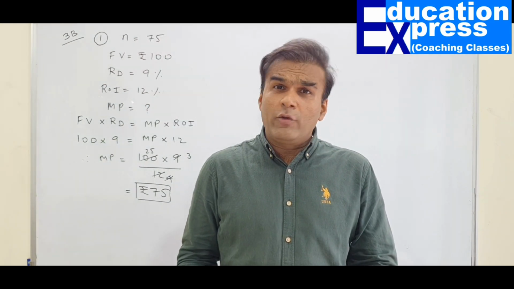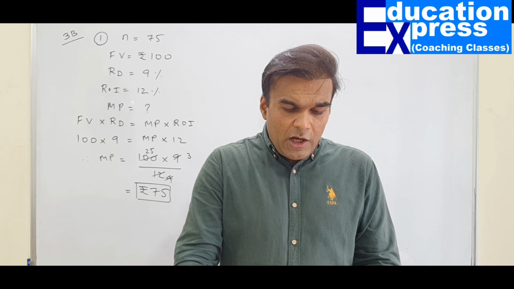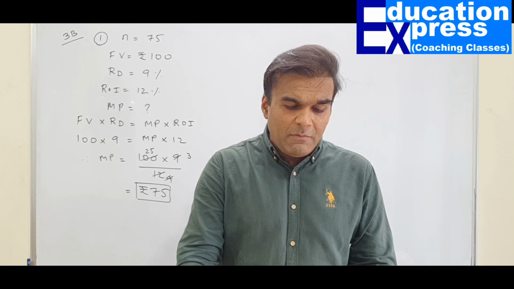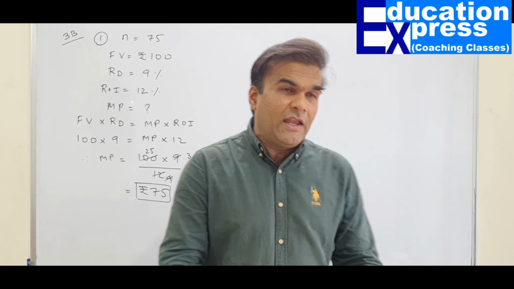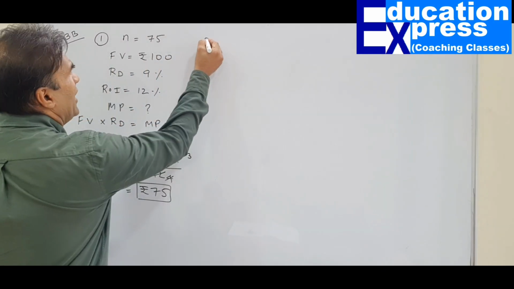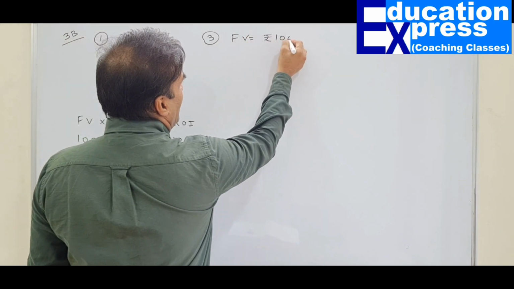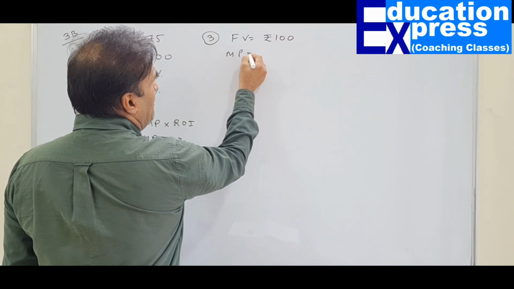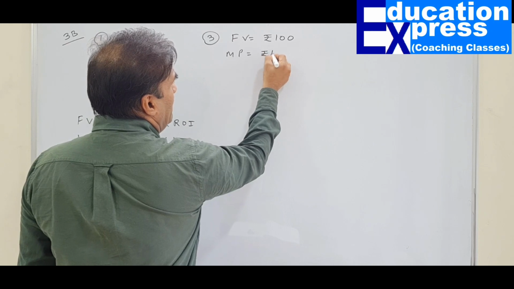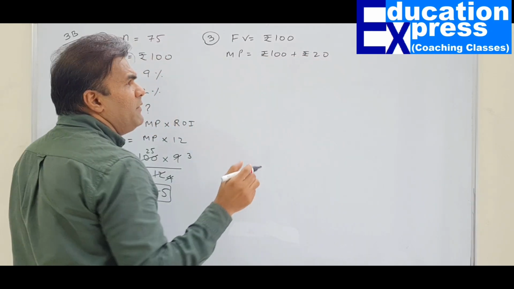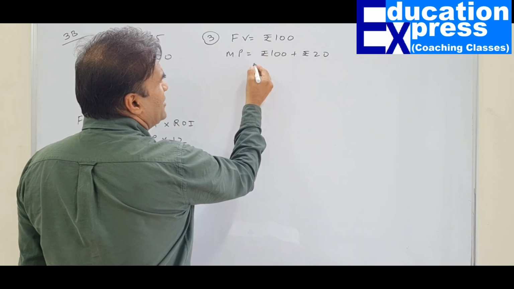Let us read question number 3. 100 rupee shares of a company are available in the market at a premium of 20. That means the face value is rupees 100, and it is available in the market at a premium of rupees 20. As you know, premium will always be added to the face value.